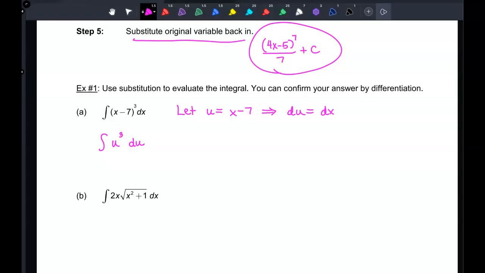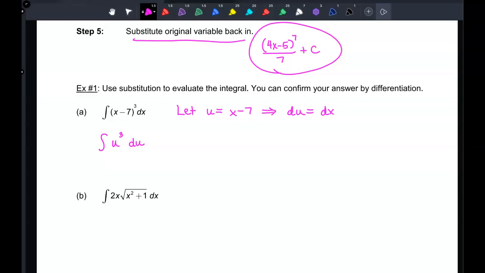This one would work out easily with just thinking of the power rule. Well, x minus 7 is all equal to u. So I'm taking the x minus 7 and I'm just putting u in its place. After a few examples, it will get less confusing.